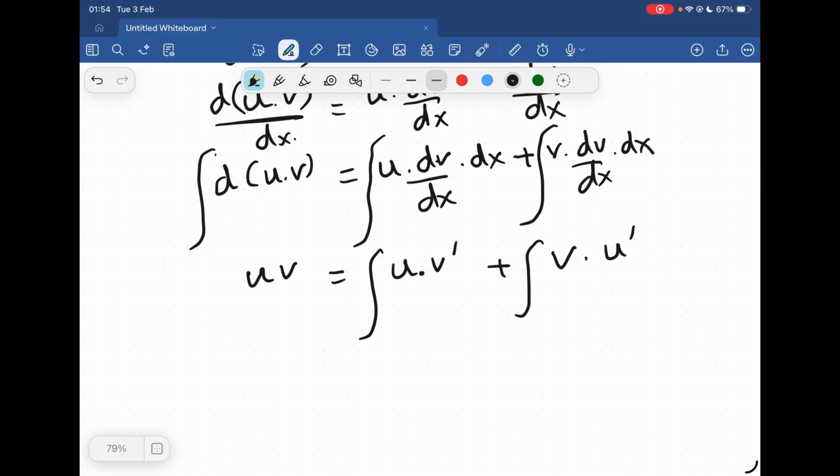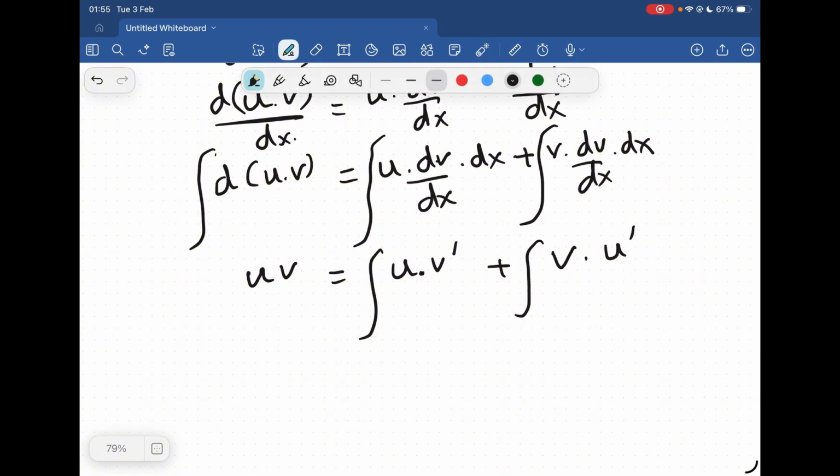So what I have written is I have integrated d(uv), I got uv, and then on either side I'm integrating. So dv over dx I'm writing as v prime, and du over dx I'm writing as u prime.